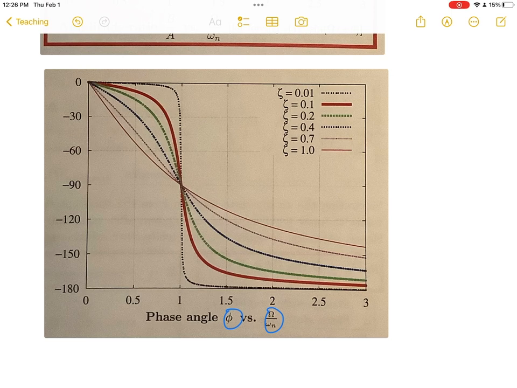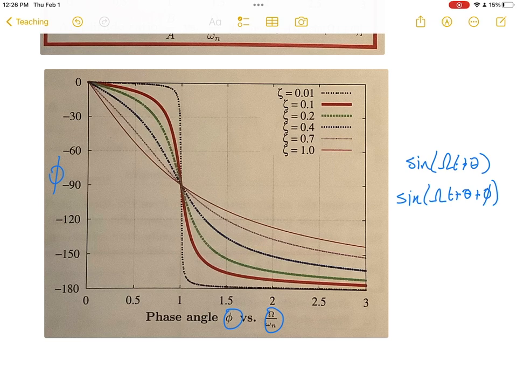So if we'll remember, our input was some sine of capital Omega times t plus theta, and the output was some sine of capital Omega t plus theta plus phi. So this phi is what's being shown in this plot here, and it's the phase offset.